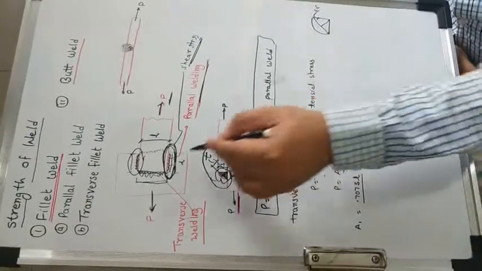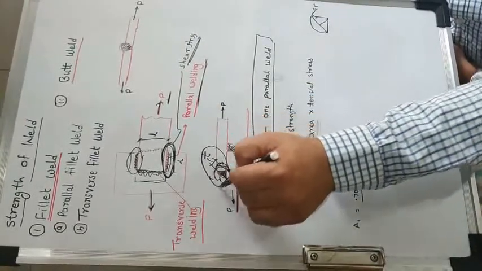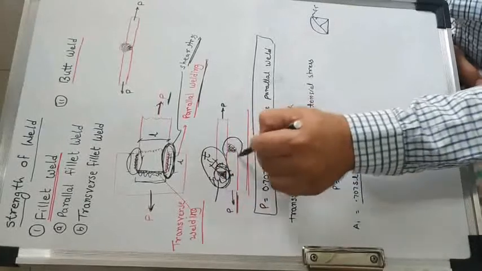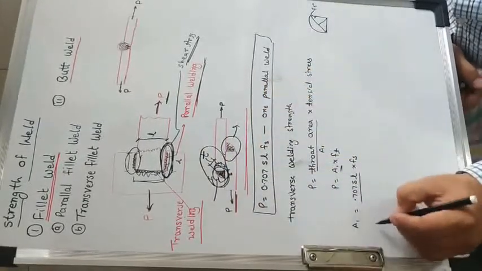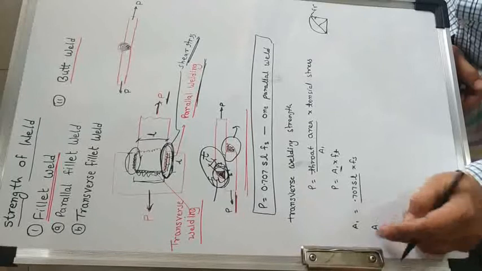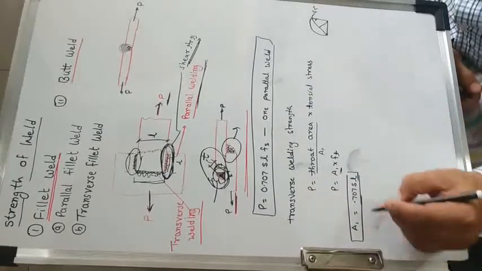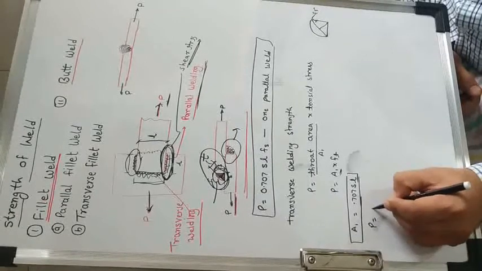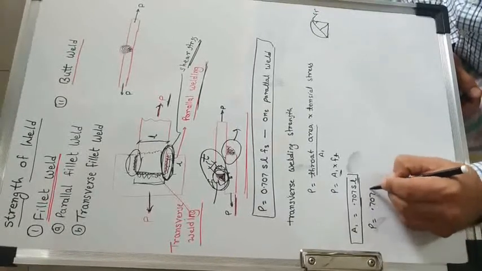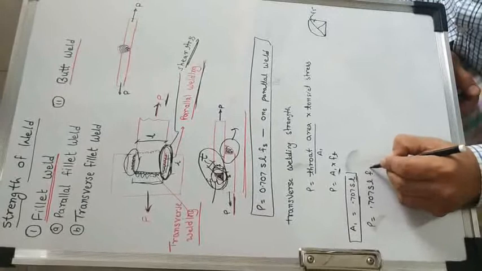And see, this is one side, sometimes we will put both sides. This is the area, and P is equal to 0.707 SL into Ft.